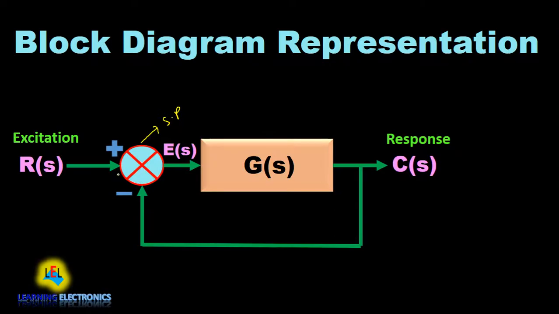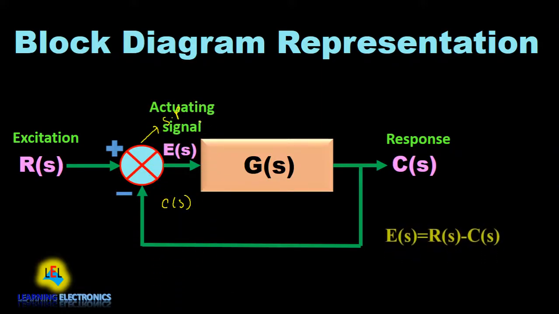Here R(s) is added since a plus sign is indicated, and C(s) is subtracted from R(s) because a minus sign is indicated. So R(s) minus C(s) is equal to E(s). E(s) is called the actuating signal or error signal.